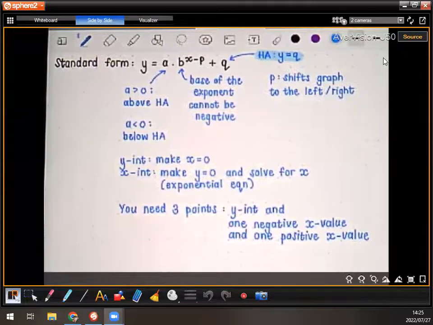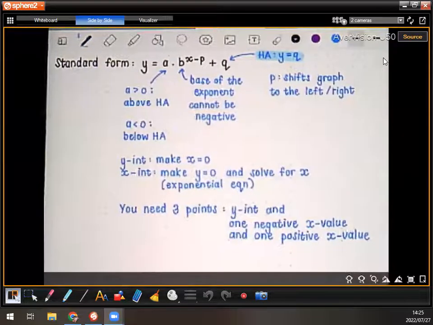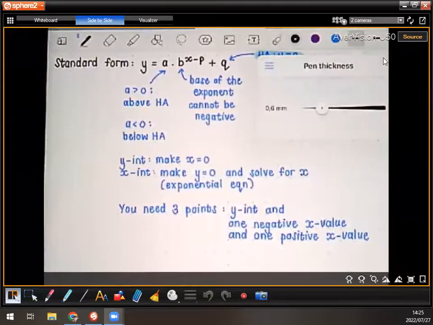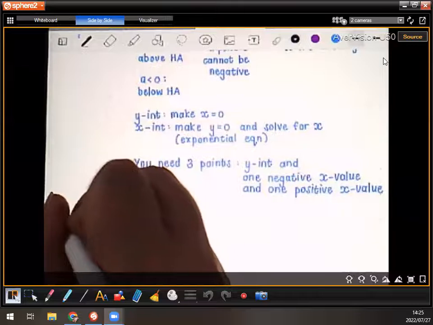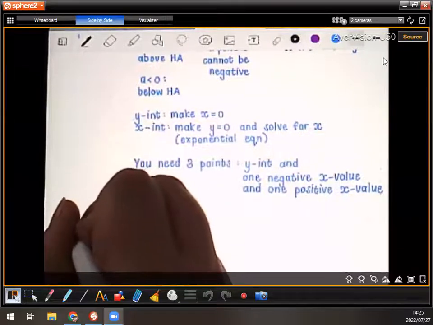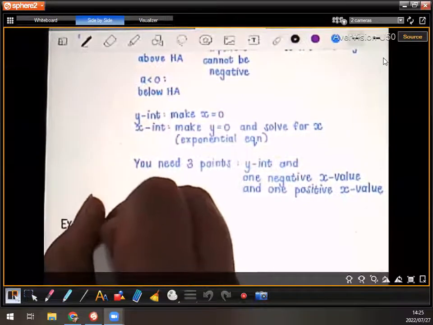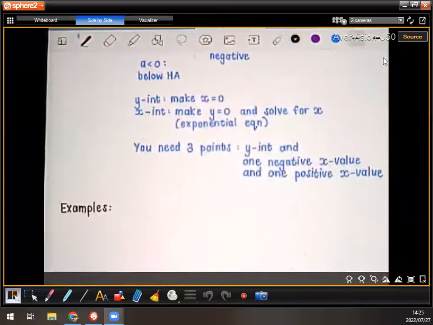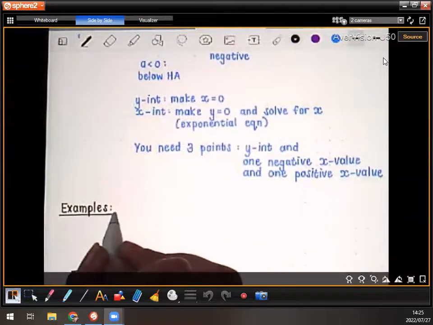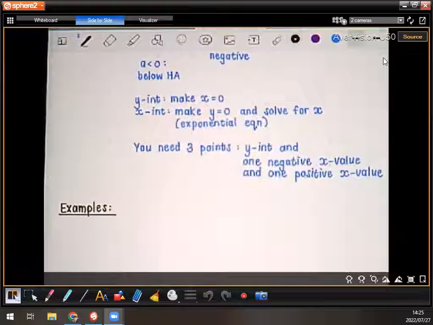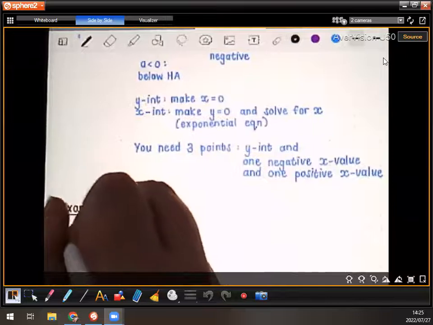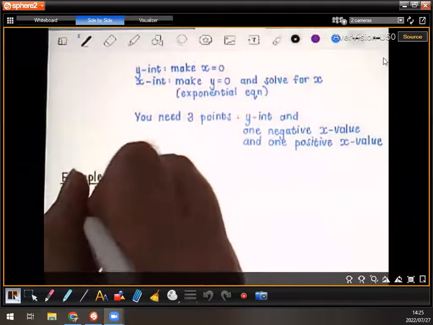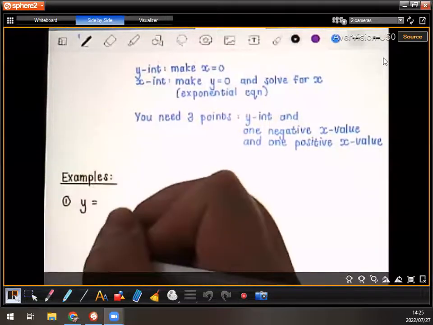Okay, can we go to an example? You guys can write examples so long. I just want to check here. Oh, it is. Okay, I'm going to start with the first one. It's going to be Y equals.